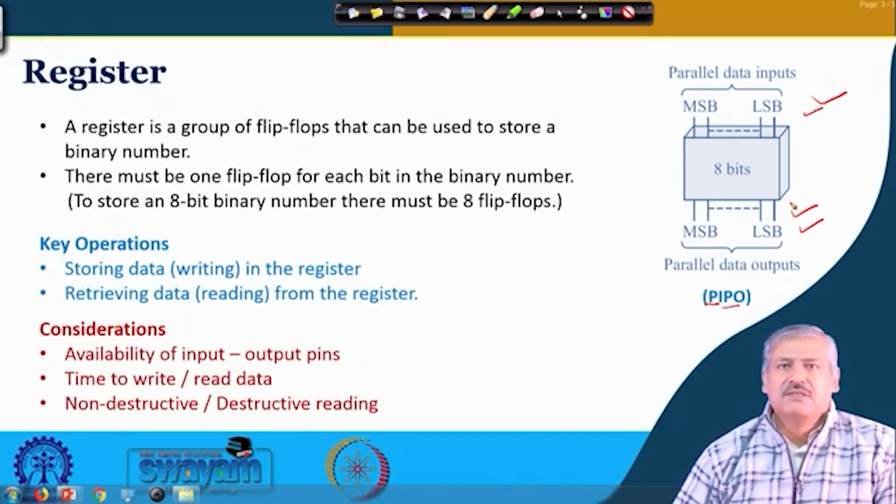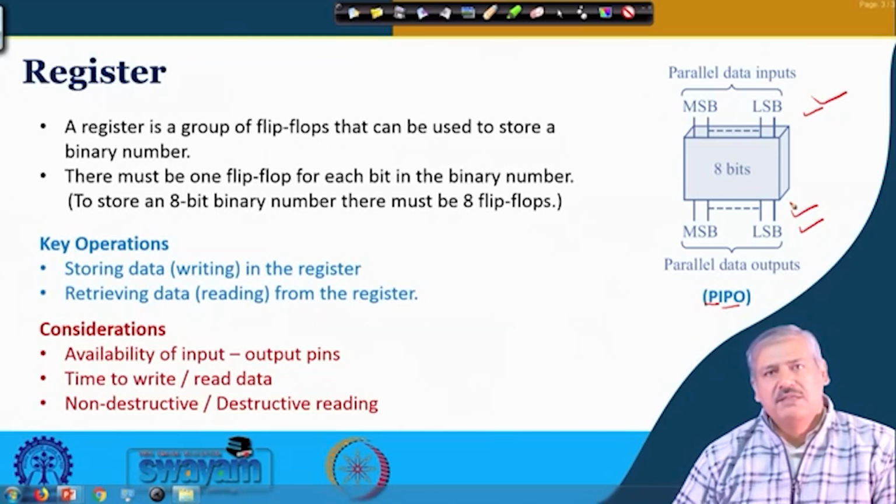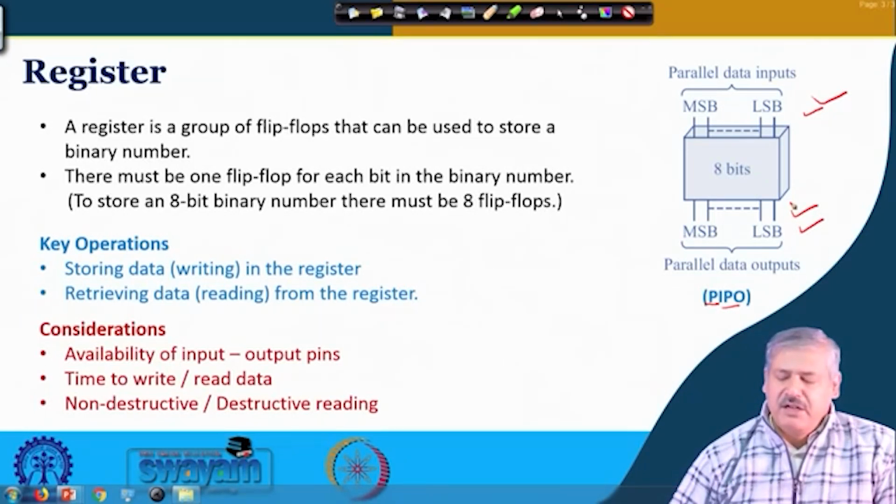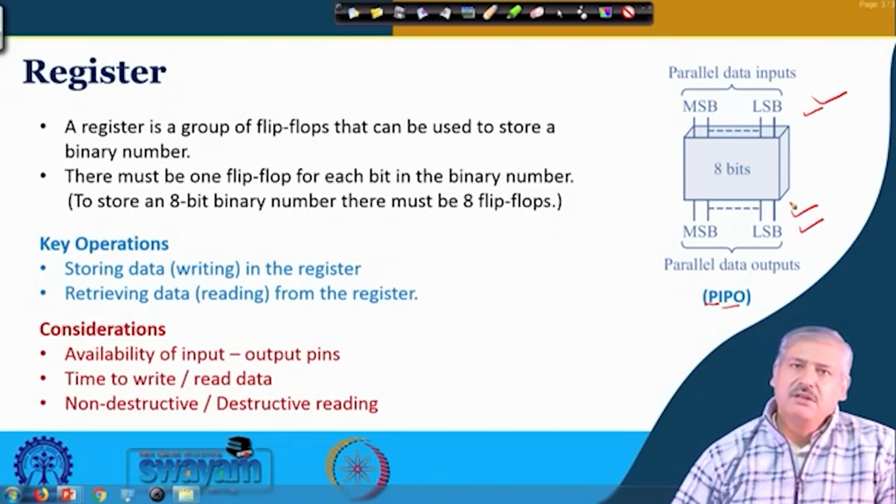So, you can think of how many pins will be required, and standard packages we have seen are 14 pin, 16 pin and so on. So, this is going beyond that. And so, for larger number of bits where we want to store and then retrieve, these parallel in parallel out may be an issue.